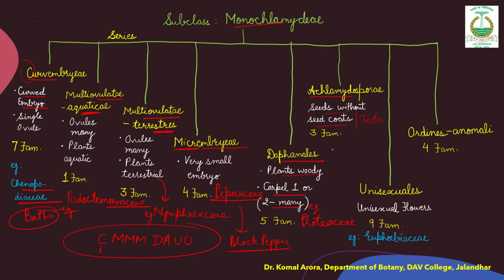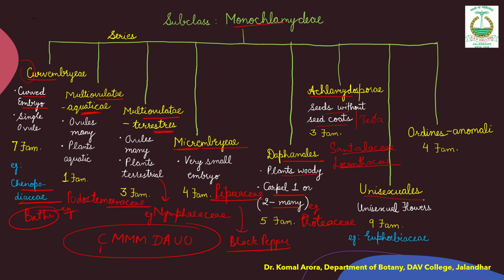And here most of the parasitic plants are found under this series. For example, you have Santalaceae. Santalaceae is for Santalum, that is chandan. You all know it's a parasite. Then another is Loranthaceae. Loranthus is also a parasite.